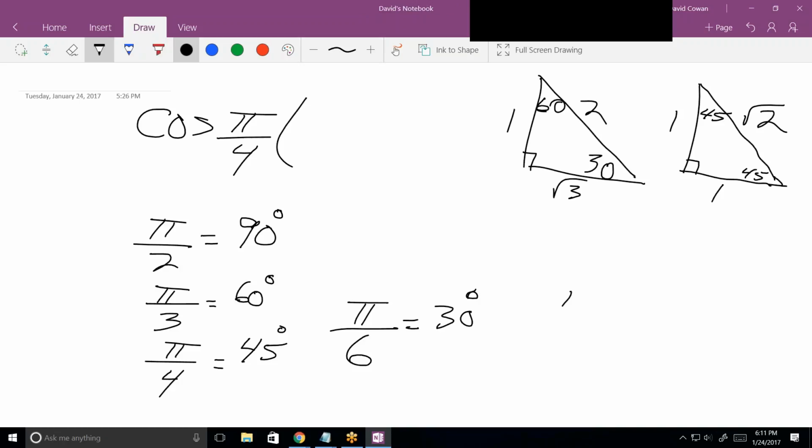Instead of going pi over 4 times the conversion factor, which is 180 over pi, notice that what I'm really doing is dividing 4 into 180. Right. Just doing it in kind of a shorthand method.